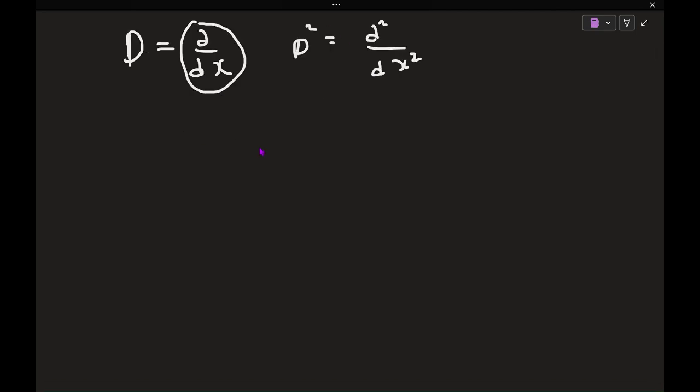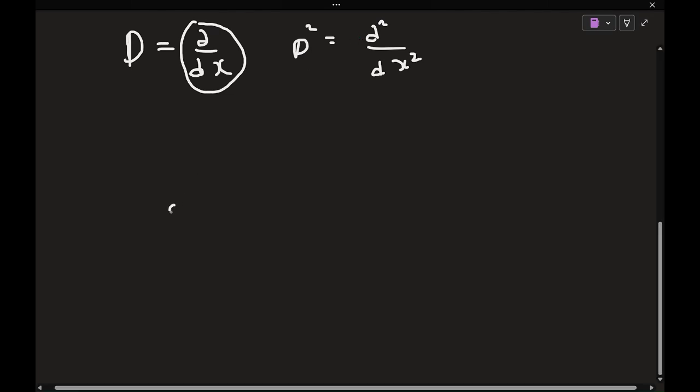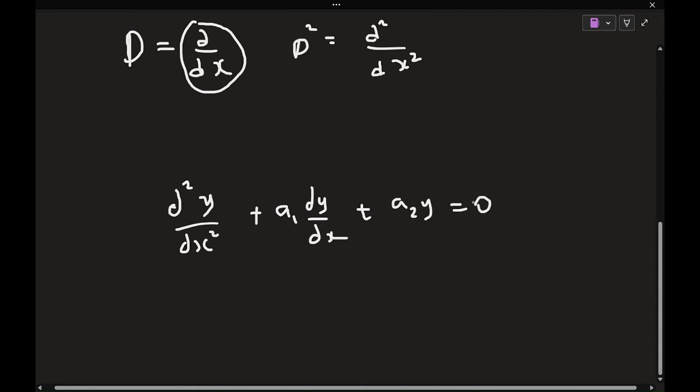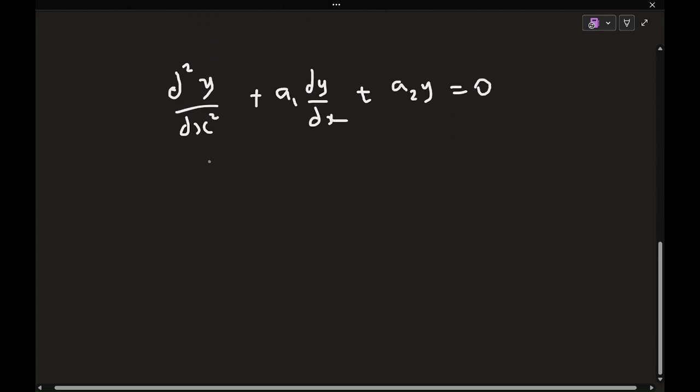Now I'll assume I have an equation of power 2, an LDE. So how will that be? Power 2, by that I mean d square y by dx square plus a1 dy by dx plus a2 y equal to 0. I'm considering this as homogeneous. Now I'll write it in the form of D. So D square y plus a1 Dy plus a2 y equals 0.